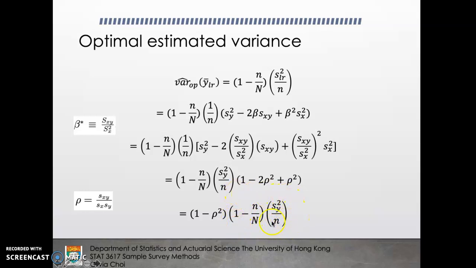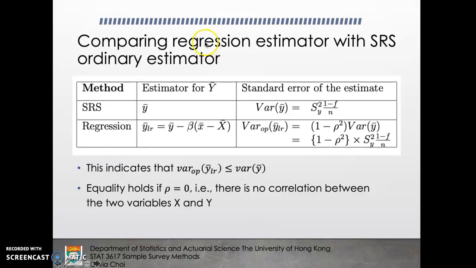This bit looks so familiar. It is just the estimated variance under the ordinary estimation. Let's compare the regression estimator with the ordinary estimator. Under the ordinary estimation, y bar is obtained by taking the average of all of the y data. So the estimated variance equals the finite population correction factor multiplied by sy squared over n.